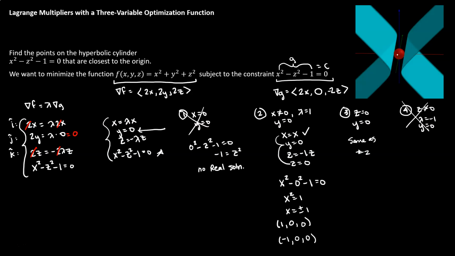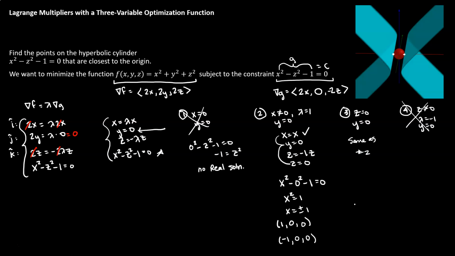And if we look at our picture, if the red axis is the x-axis, x equals +1 would be here, x equals -1 would be here. Notice that those points are on the x-axis, so y would have to be 0, and so would z. So those are the points that are closest to the origin.